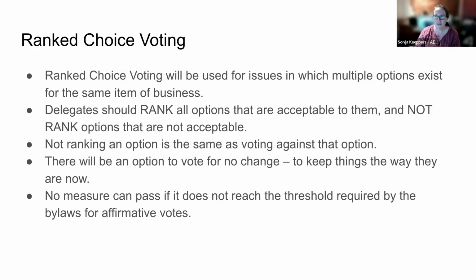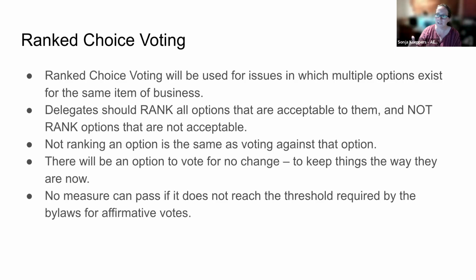There is also on every ranked ballot, other than the ballots for the directors, an option to vote for no change, to keep things the way they are now. Typically, the reason you would need that is if you didn't want to vote affirmatively for any of the options. Because if you don't want to vote affirmatively for any of the options, the only way your vote can be counted is to vote for no change.